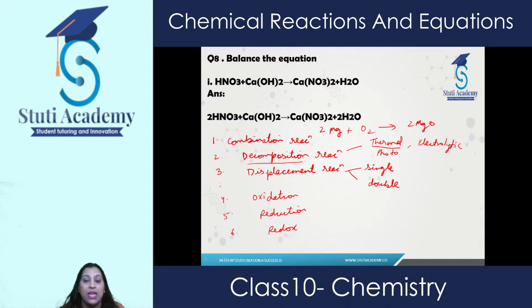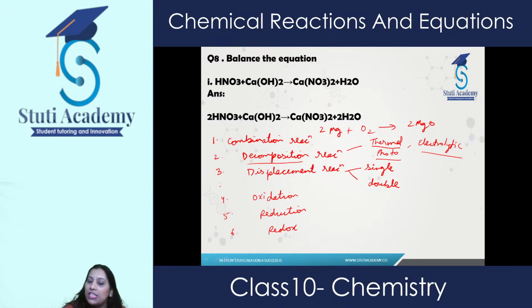Thermal means temperature. We are talking about temperature here. So when we are providing heat to this reaction, it is known as thermal decomposition reaction. And when we use electricity, this is known as electrolytic decomposition reaction. And photo means when it takes place in the presence of light. So it's known as photo decomposition reaction.